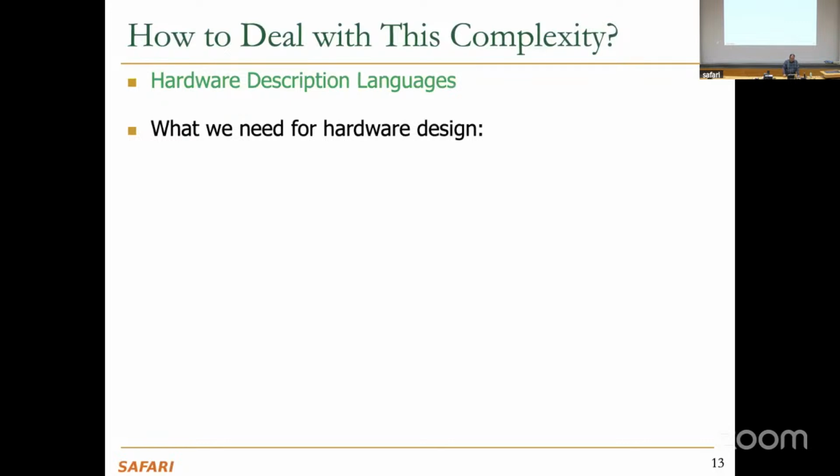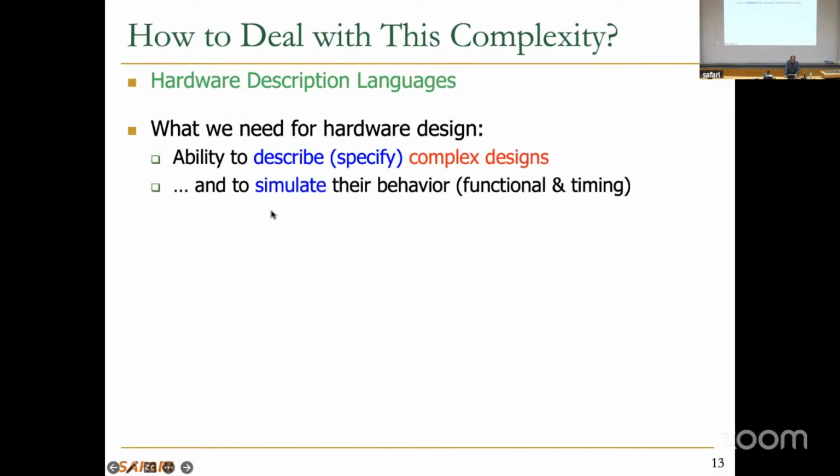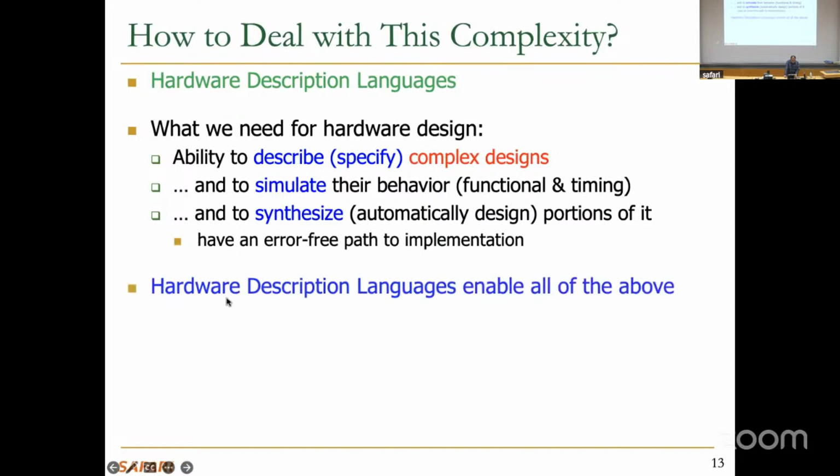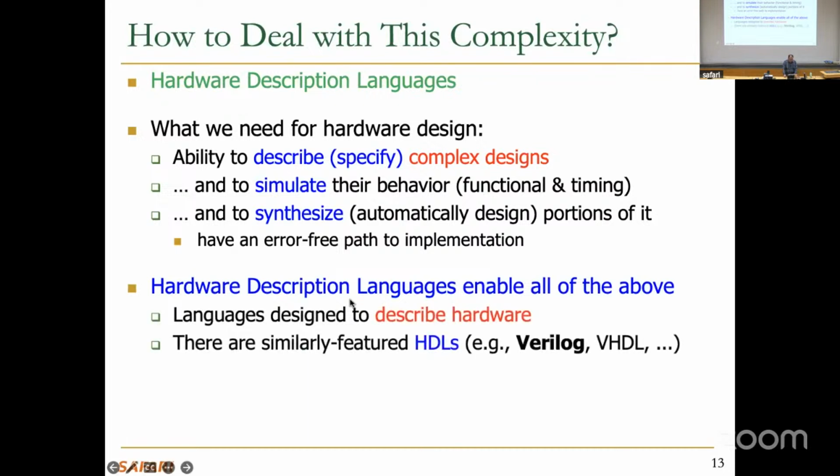We are using hardware description languages. For hardware design, we need the ability to describe and specify complex designs, to simulate their behavior, functional and timing, and to synthesize them automatically using a CAD tool, like Vivado as we showed. Hardware description languages enable all of the above, and they are designed basically to describe hardware.